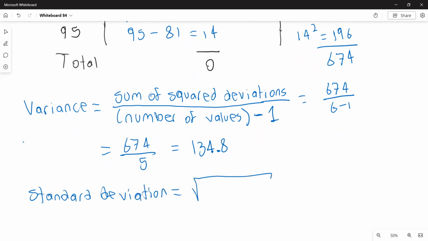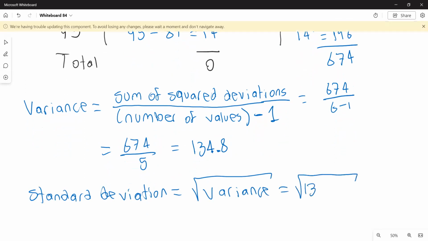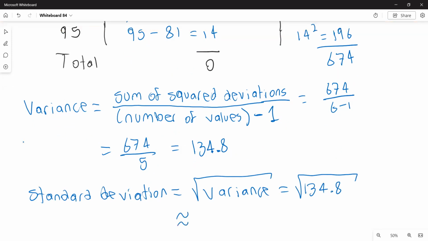So that's the square root of 134.8. To 2 decimals, the standard deviation is approximately 11.61.